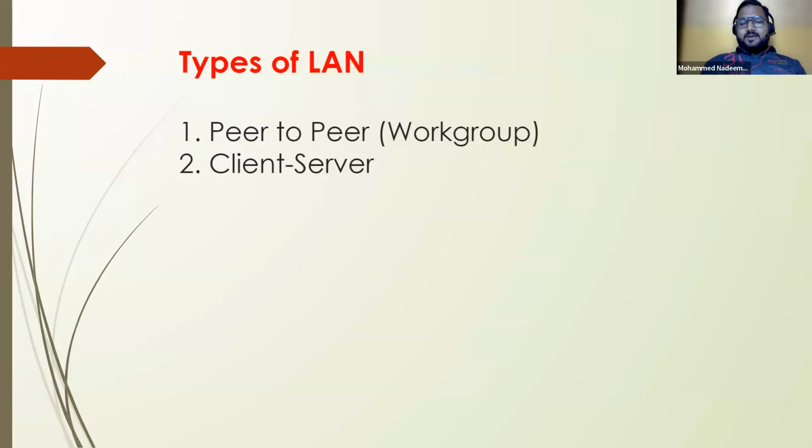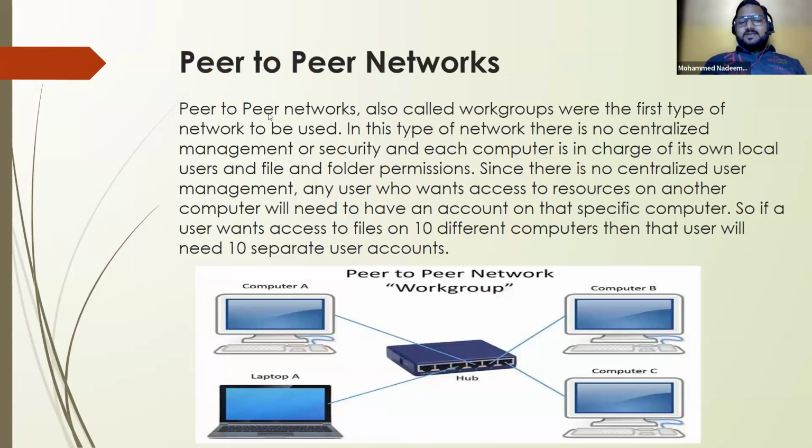Peer-to-peer, as we discussed in the last lecture, is where these four machines are connected to a switch or hub. The hub was used previously, but now we only have switches. All these machines connect to each other and there is no control.